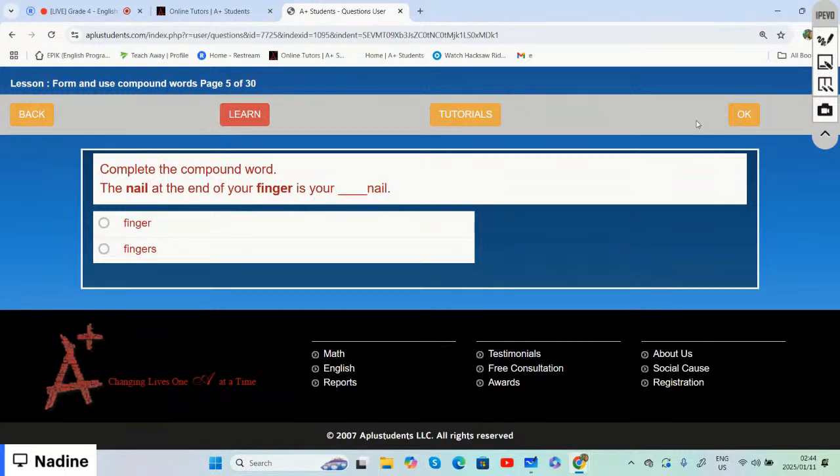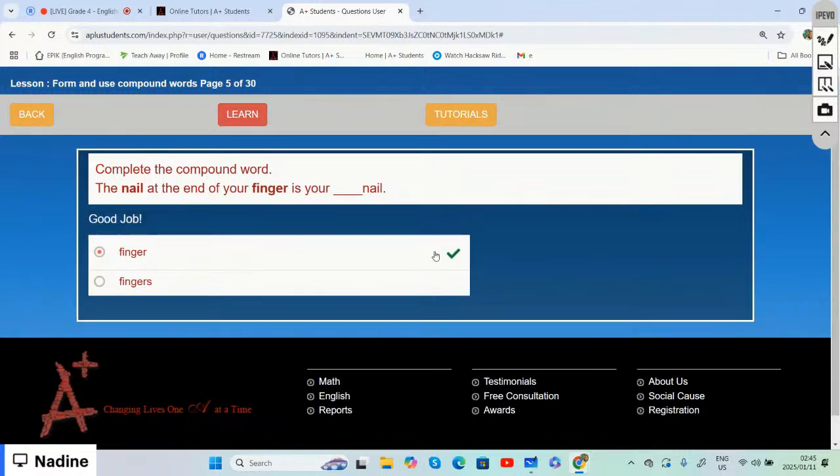And if we were to choose the correct option, then we will say the nail at the end of your finger is your fingernail. It's your fingernail.